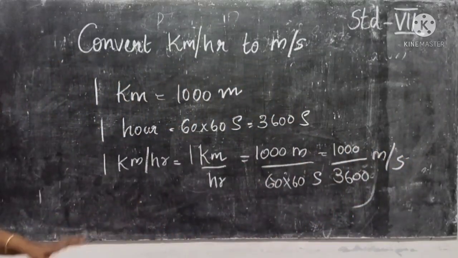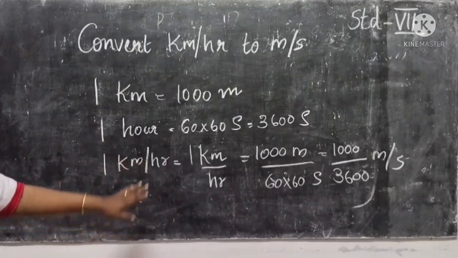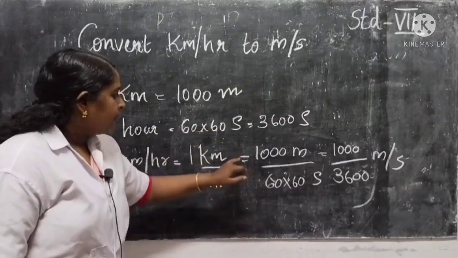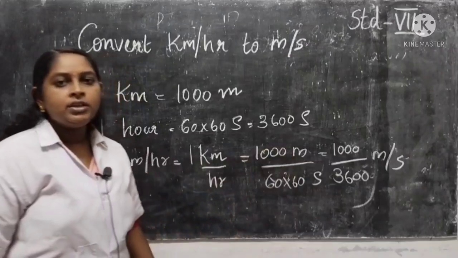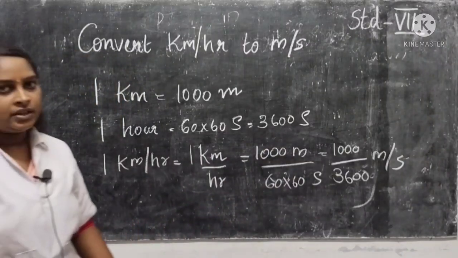So, we can convert kilometer per hour into meter per second by multiplying by 1000 and dividing by 3600.